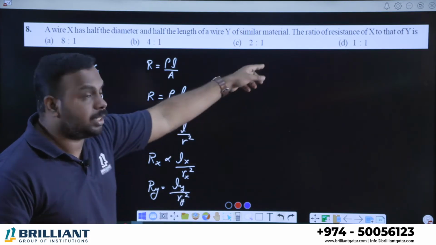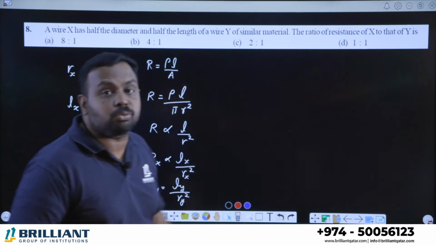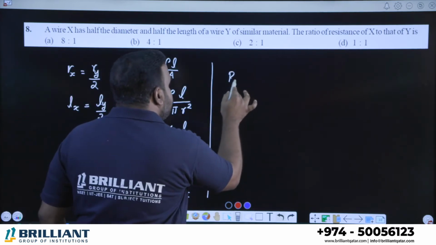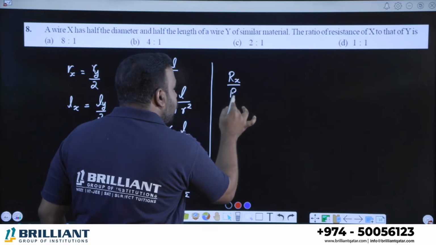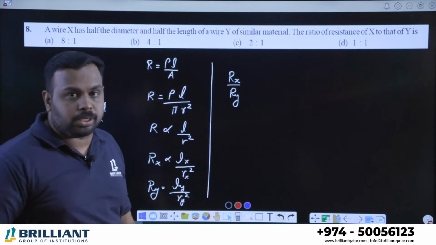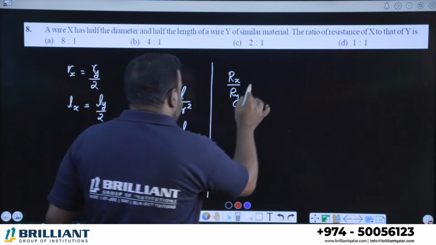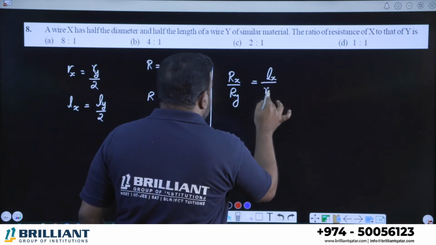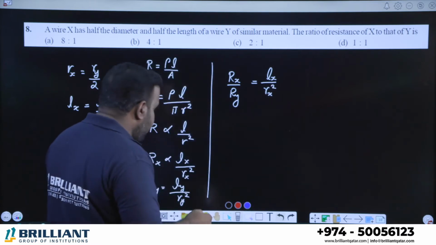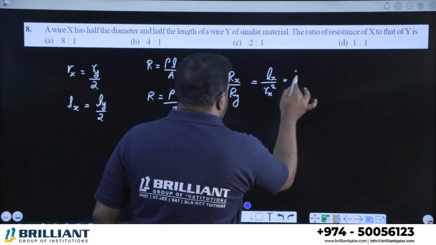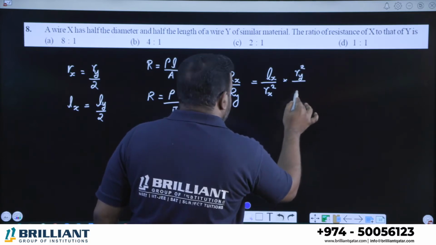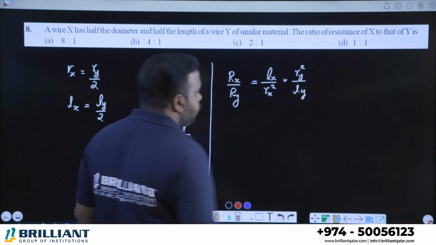Now they are asking for the ratio of resistance of X to that of Y, that means we have to find Rx by Ry. Just substitute it. It is equal to Lx by Rx square divided by Ly by Ry square, that means multiplied by Ry square divided by Ly.